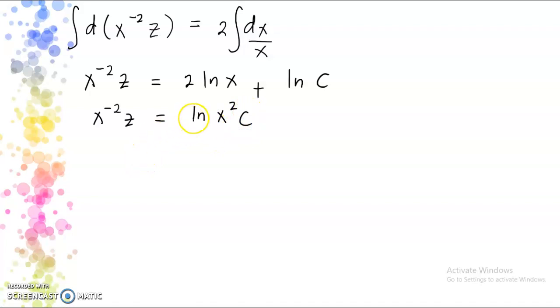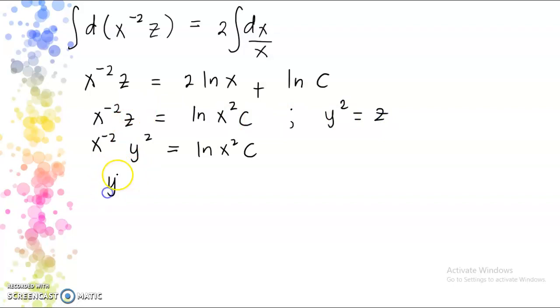But our z is y squared, so x negative 2 y squared is equal to ln x squared c. Remember that y squared is equal to z, which is why we replaced it. Therefore, y squared is equal to x squared ln x squared c.